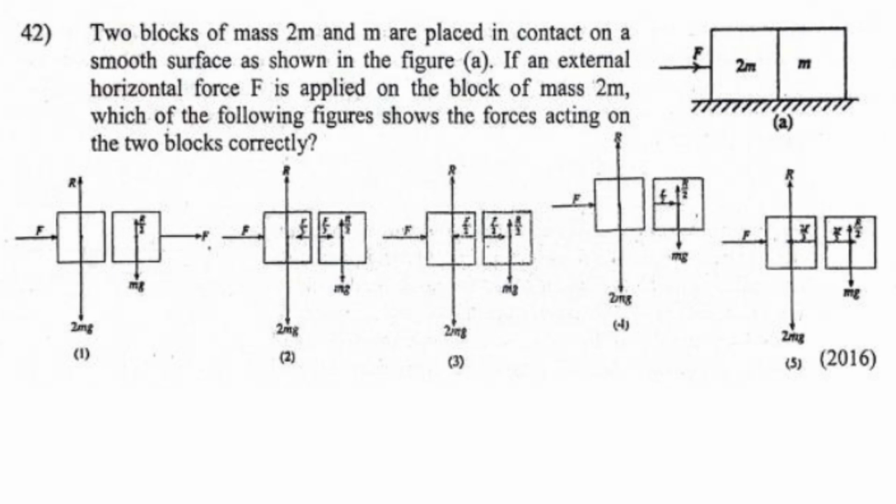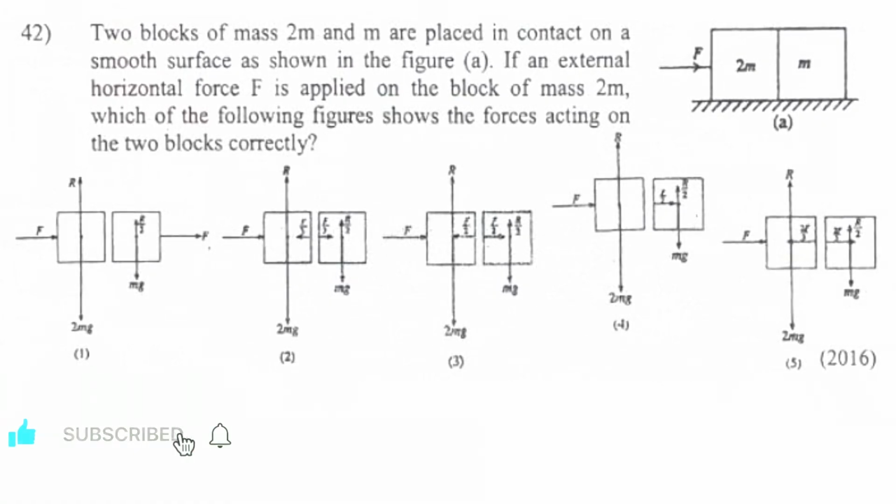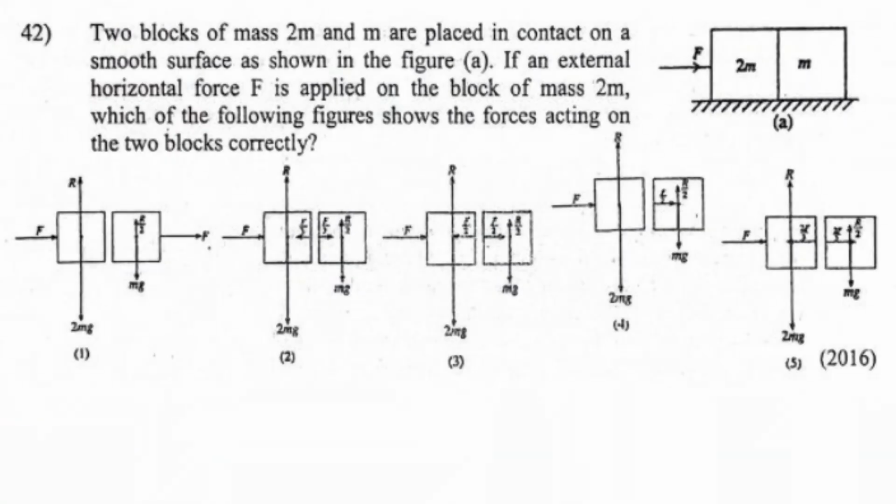Then question number 42. Two blocks of mass 2m and m are placed in contact on a smooth surface as shown in the figure. If the external horizontal force F is applied on the block of mass 2m, which of the following figures shows the force acting on the two blocks correctly?